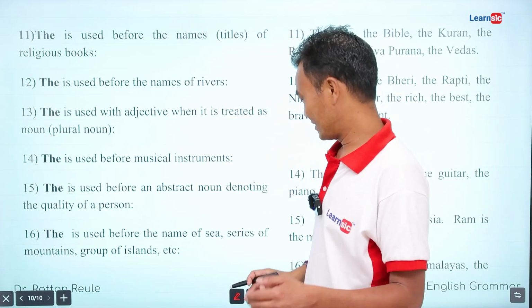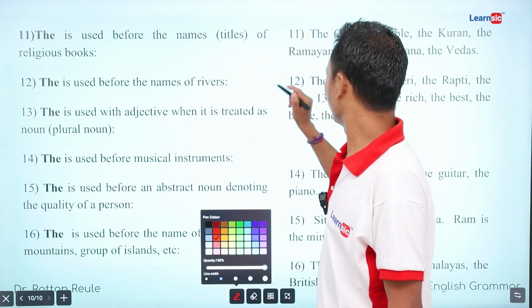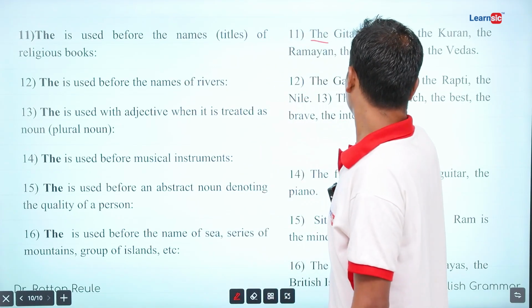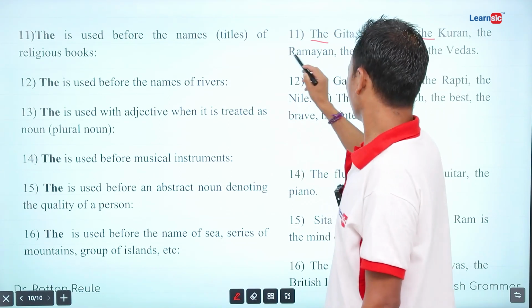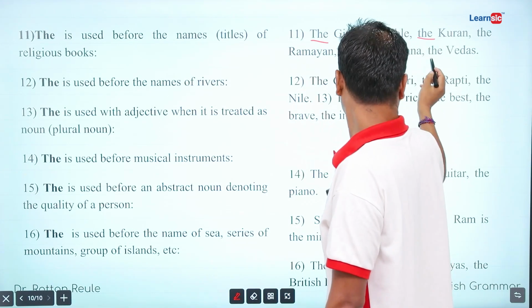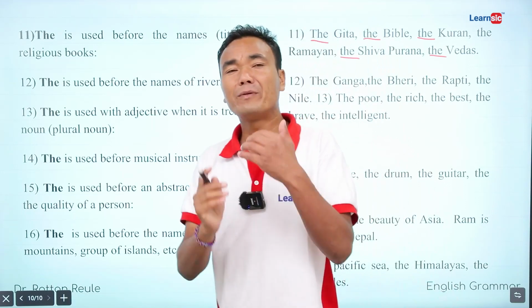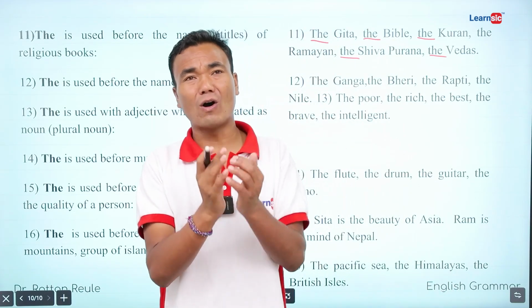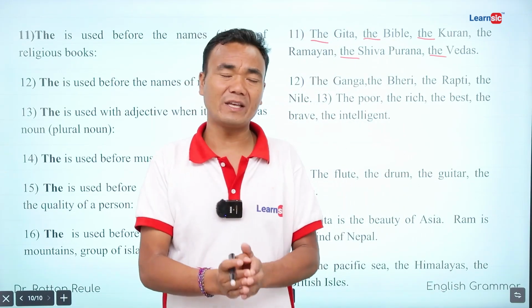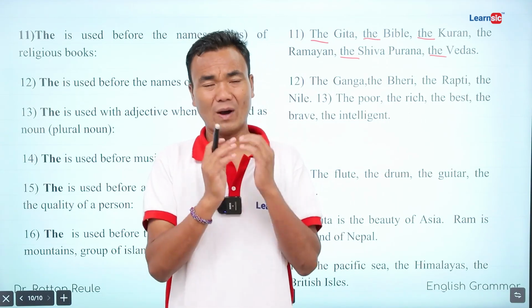We use the article before, like the Gita, the Bible, the Quran, the Ramayana, the Shiv Puran, the Vedas. Before the names of religious books, we use the article.